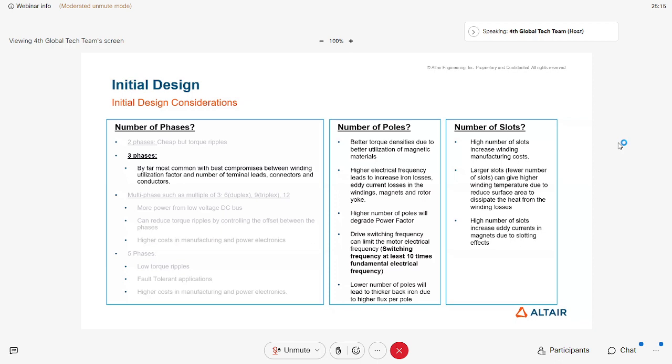So the other consideration to do is on the number of slots, right? So high number of slots will increase the winding manufacturing cost. It's true and false at the same time because now a lot of machines are doing the winding.